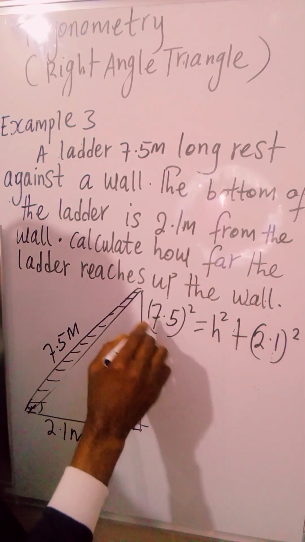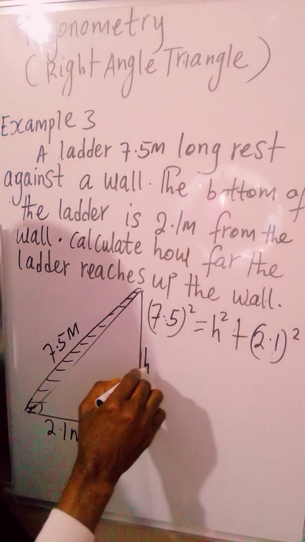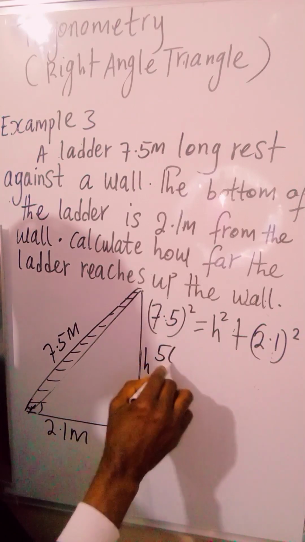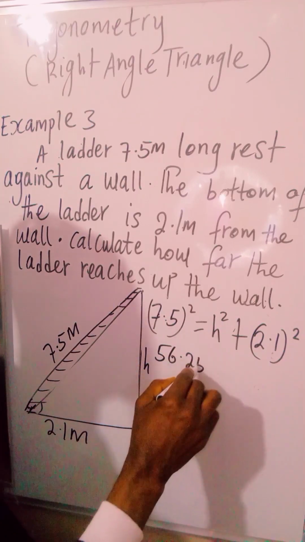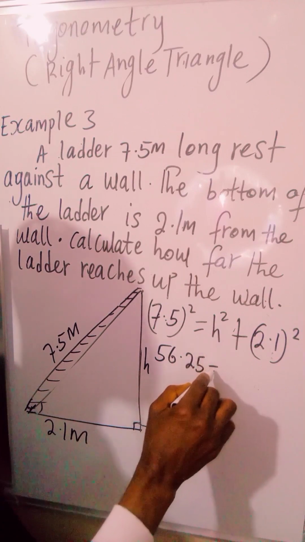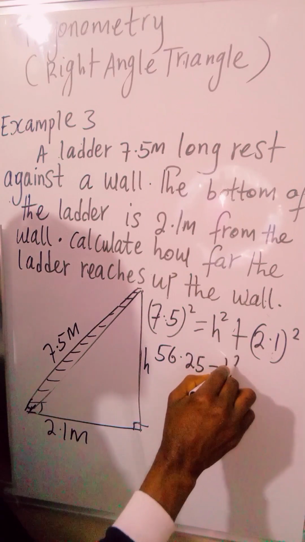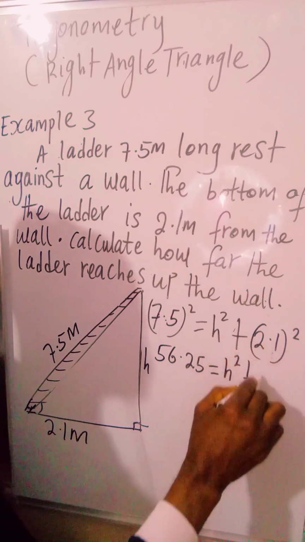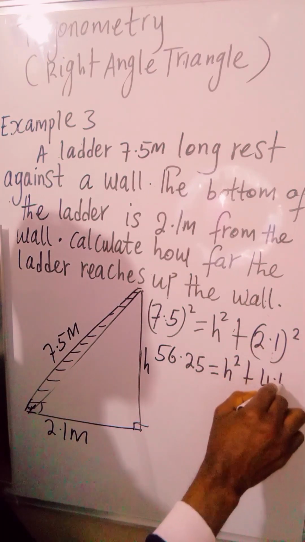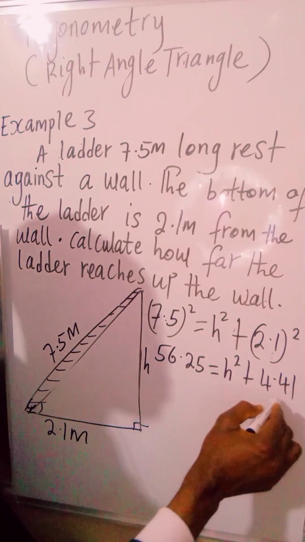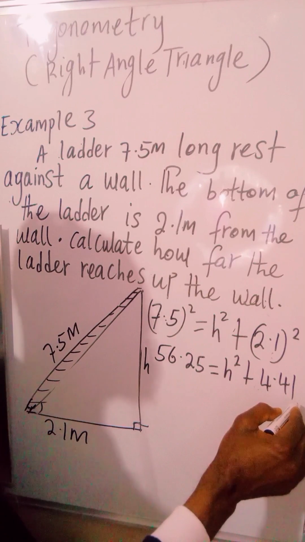So if you square 7.5, using your calculator or using your hand, you're going to have 56.25, equal to h squared plus 4.41. So you're going to collect like terms. This is a number and this is another number on my right hand side.